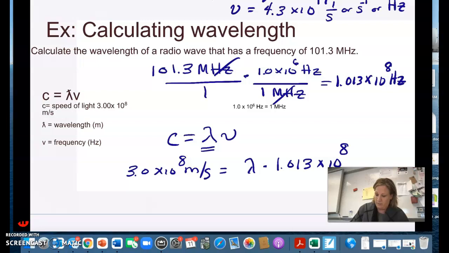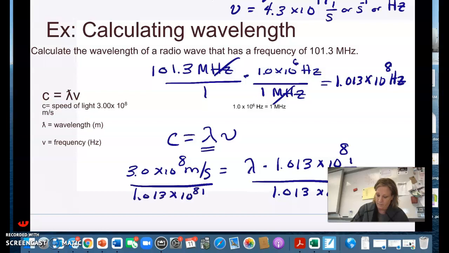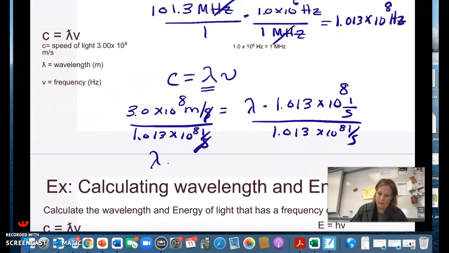And I'm going to write it as 1 over second, because then you can see when I divide, my seconds will cancel. And I'm solving for wavelength, so it's going to be in a distance unit and it's going to be in meter. So once I do this, I should get 2.96 meters.